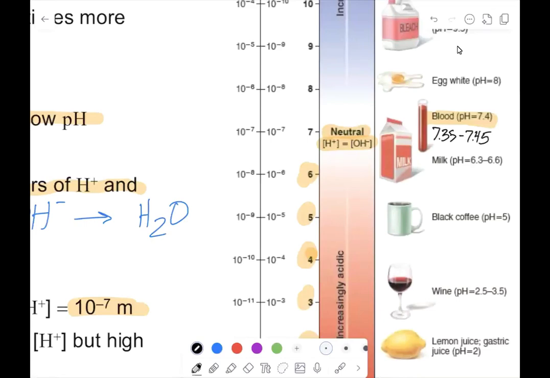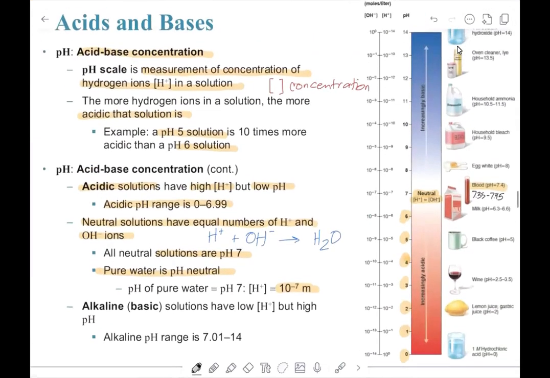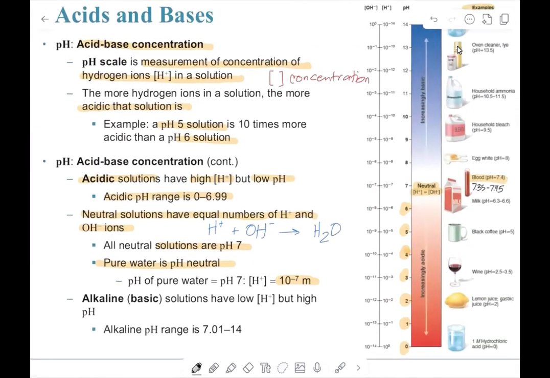So technically, on the pH scale, it's actually slightly alkaline, but our body always needs to maintain that pH range of 7.35 to 7.45. The alkaline range, and the word alkaline means basic, has a low concentration of hydrogen, but a high pH. So the pH range would be between 7.01 and 14.